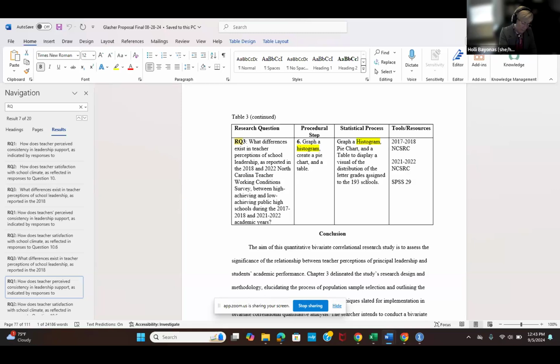So you suspect there will be differences in the North Carolina teaching working conditions of these two groups. Yes, that's my hypothesis.